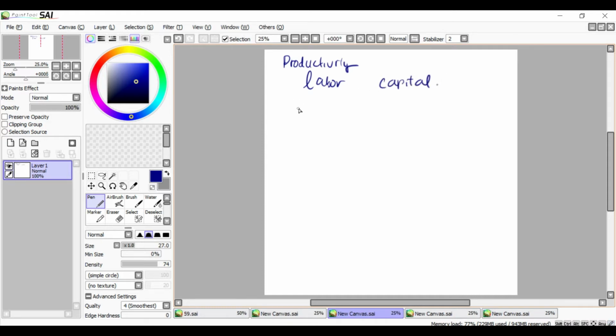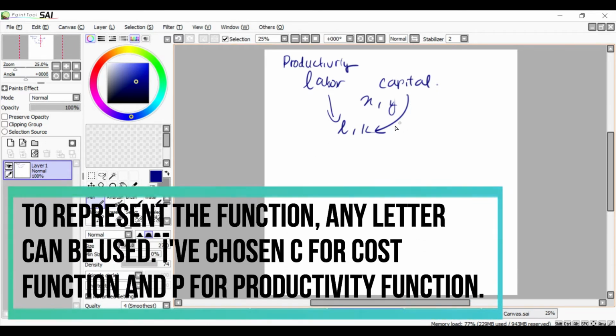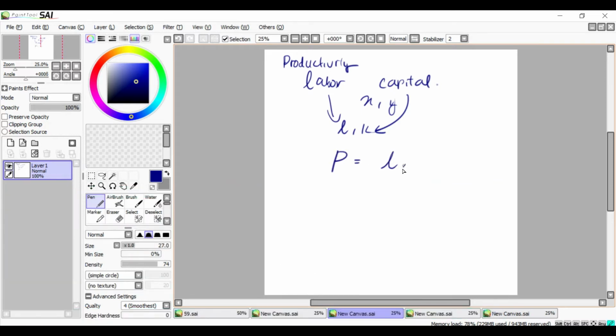So instead of using x and y, L and K are used to suitably represent what is being used in the equation. It's often represented as a P and then a string of L's and K's, so F of L and K. When we differentiate P, it'll be this.